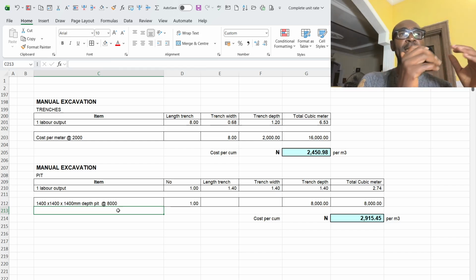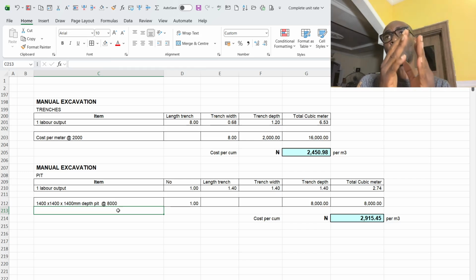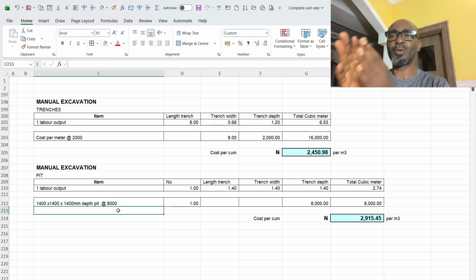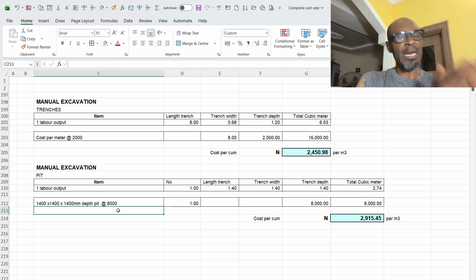These individuals all have different strengths, so their output will not be the same. There are persons that can dig 8 meters in length. Some can dig 10 meters of trench with 0.8 width and 1.2 depth. Some can dig 12 meters, some can dig 8 meters, some can dig 5 meters.